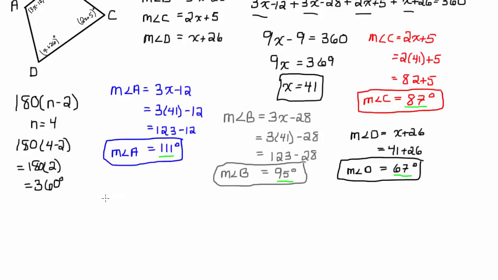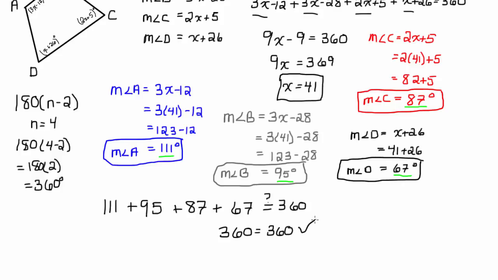So you just simply do in your calculator 111 plus 95 plus 87 plus 67. And the question is, does that equal 360? If you go through it, it does. Therefore you know that this must be correct. These must be the measures of the interior angles of the polygon.